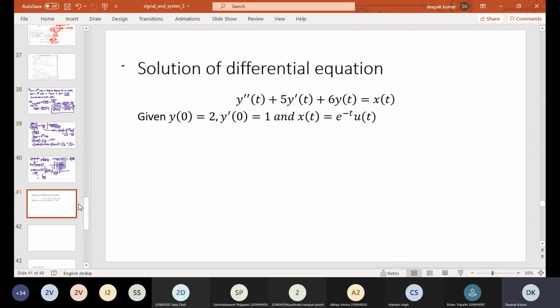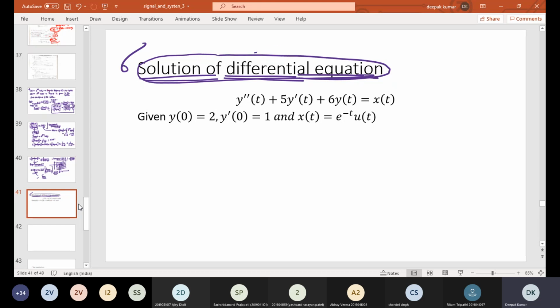Another application of Laplace transform is the solution of differential equations. Here, the statement is basically like mathematics. You have already studied this type of topic in mathematics, but if you see the statement in terms of signals and systems, the differential equation is basically a relationship.